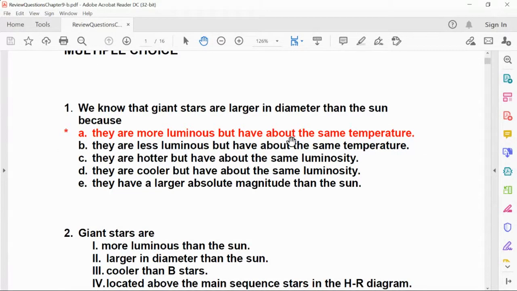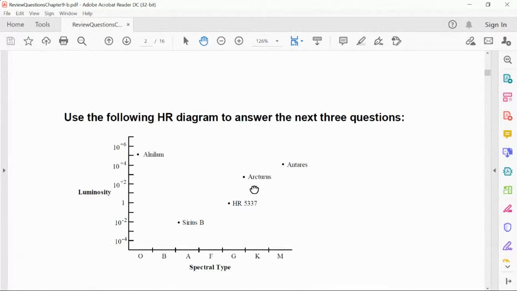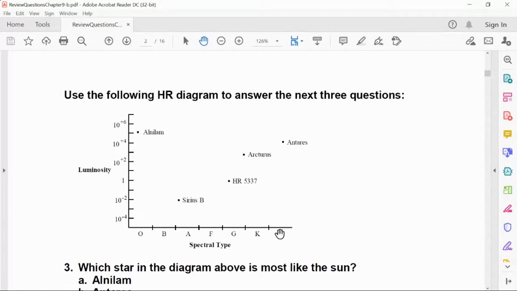They are more luminous, but about the same temperature. So if you recall what we did in the HR diagram, when you look at it, you go from lower temperature to higher temperature, and then the luminosity is here.